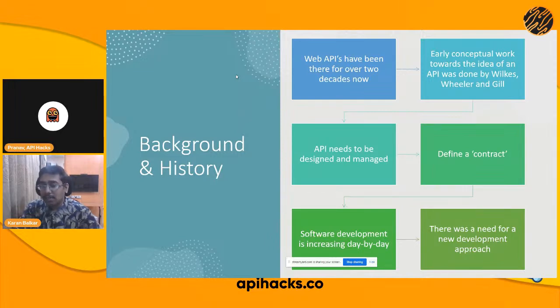There was always a need for a new way of developing apps or software, and that is where a new approach and a new strategy was formed. That new strategy is called the API first approach.